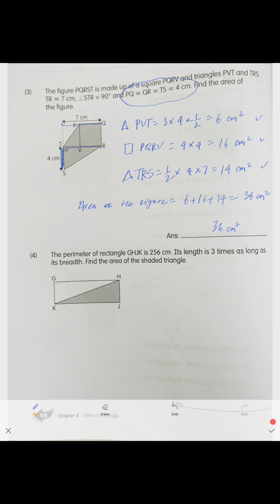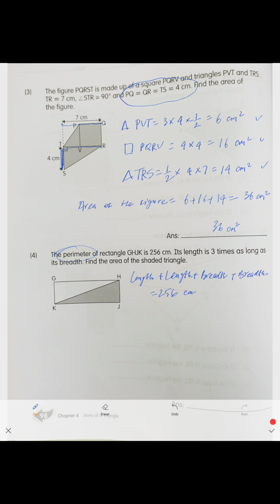So our perimeter can be represented as length 2 times, length plus length, and breadth plus breadth. This is our perimeter, and they tell us that it's 256 centimeters.